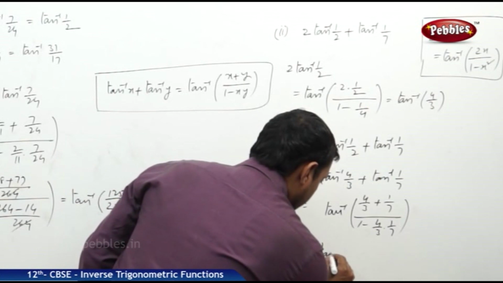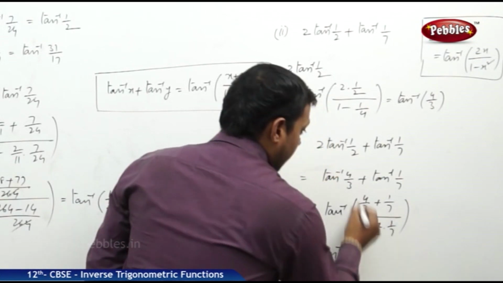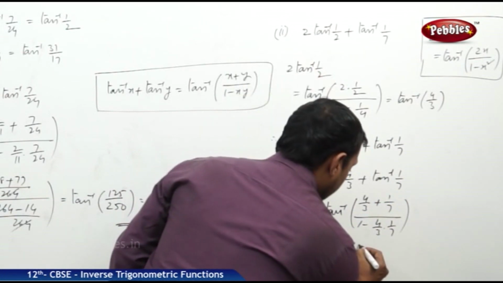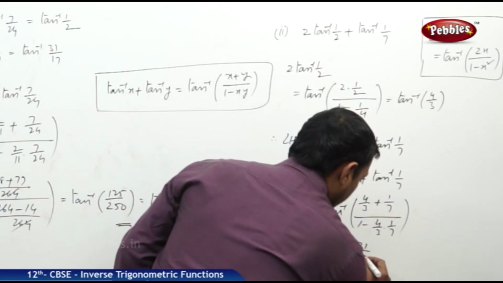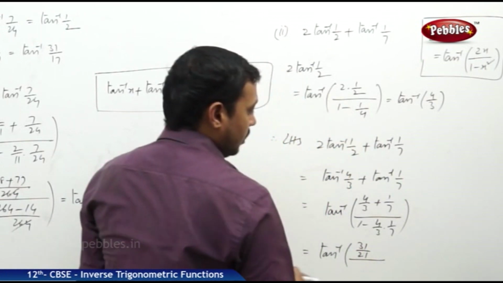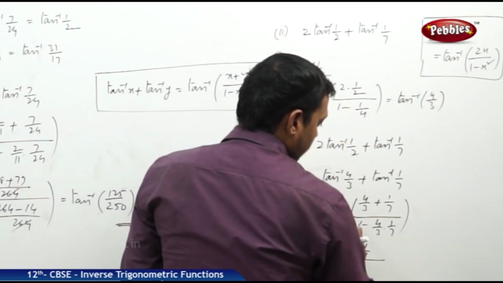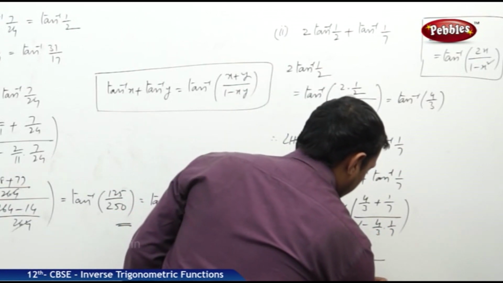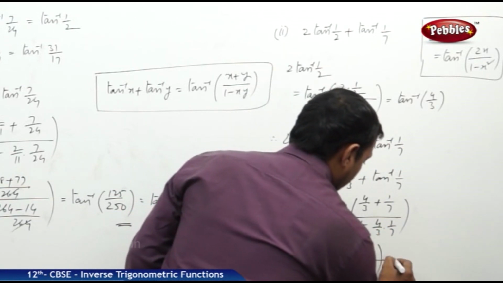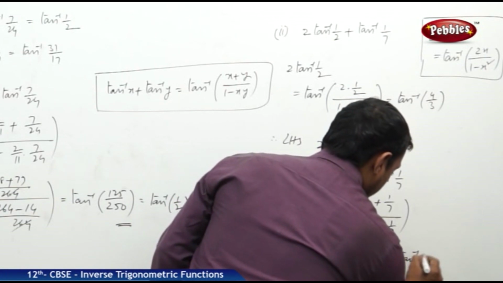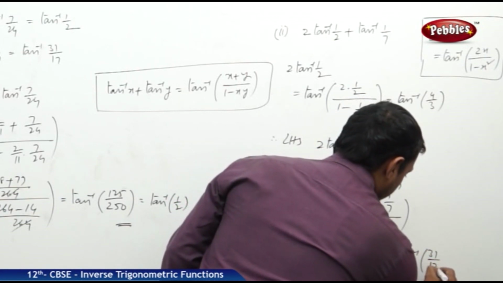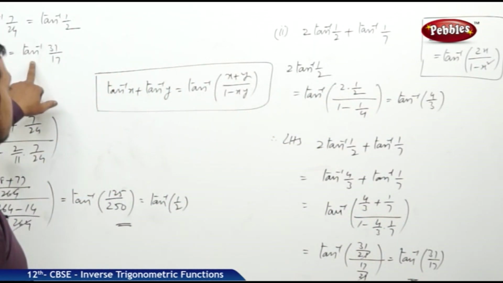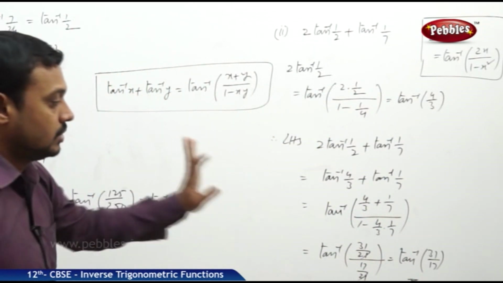Now this is tan inverse of, while taking LCM, 28 plus 3, 31 by 21, whole divided by 21 minus 4, 17 by 21. So clearly 21 gets cancelled and it is equal to tan inverse of 31 by 17. Now here the RHS is also tan inverse of 31 by 17.